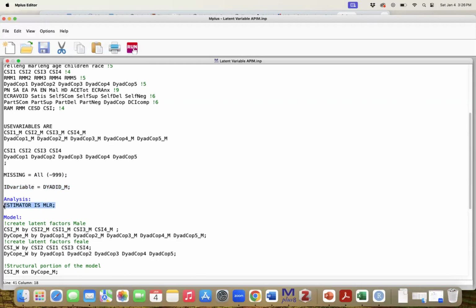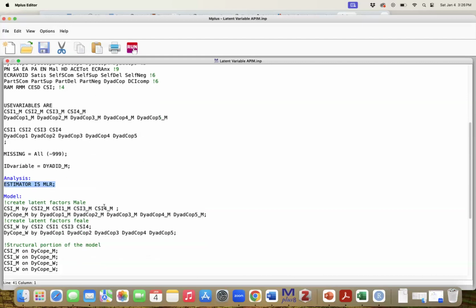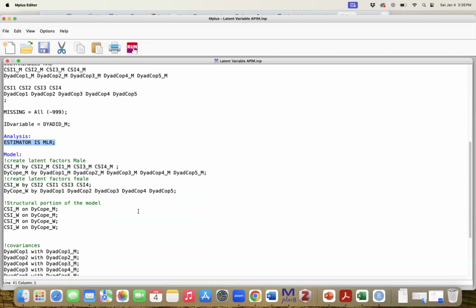In Mplus, the default is maximum likelihood, but relationship quality tends to be skewed and also kurtotic. One of the ways we try to address that, rather than using a nonlinear transformation like a log transformation, is to adjust the standard errors and our chi-square values on the back end by using robust maximum likelihood.